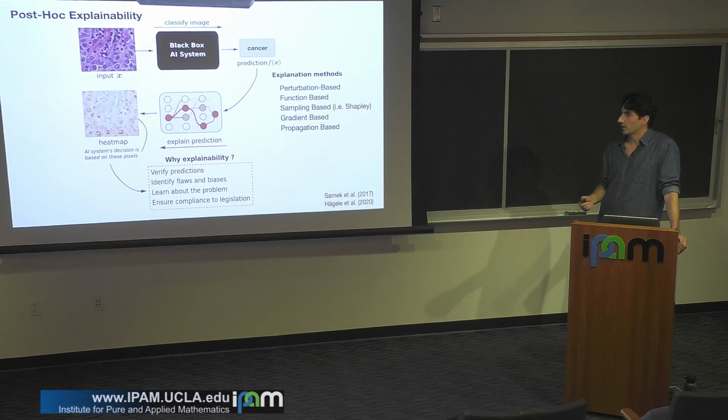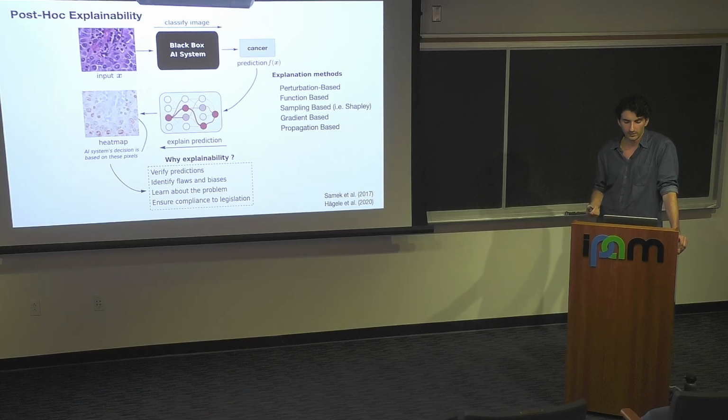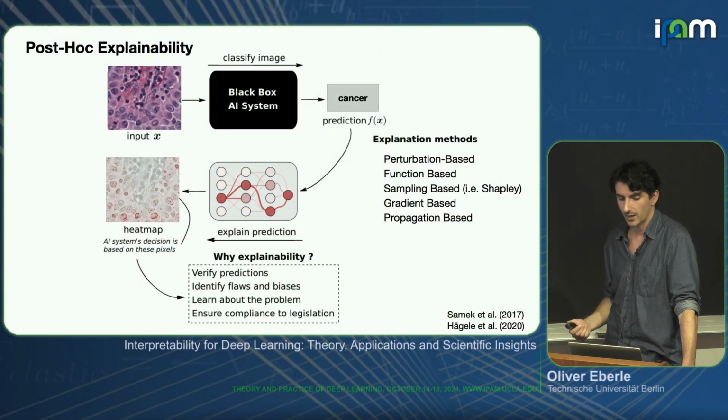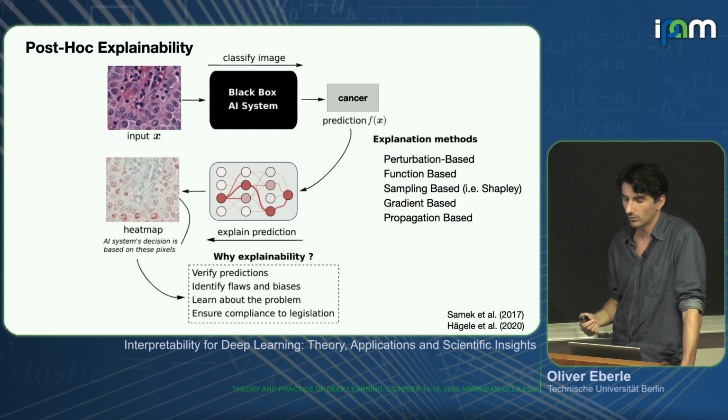Maybe a few words on why we need this type of interpretability. As I think was already introduced here, we want to verify our predictions and make sure that these are actually correct. We want to observe if things go as desired, if there are any flaws or biases that the model might have picked up, if the solution implemented by the model is the one that we expected, or if the model finds a different solution to a problem.